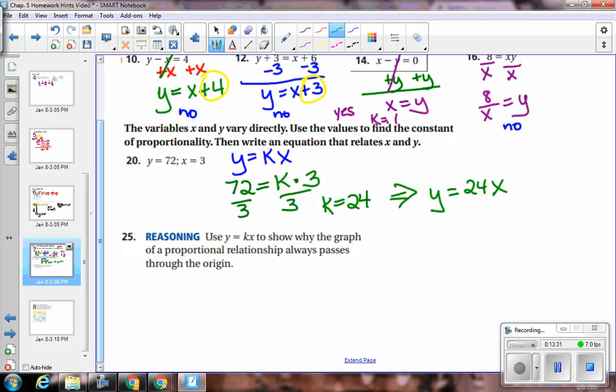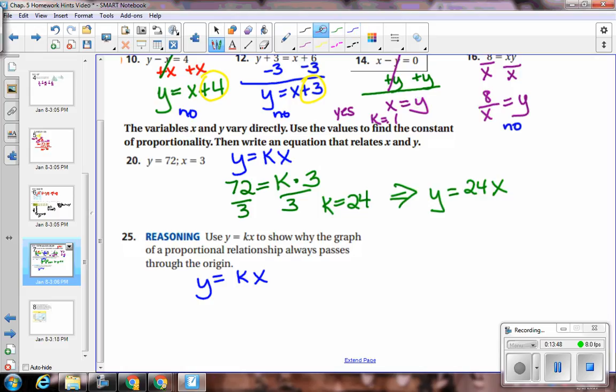Okay, for our last one, so again, we know that y equals some number times x. And it's saying to prove, why does this line always pass through the origin?